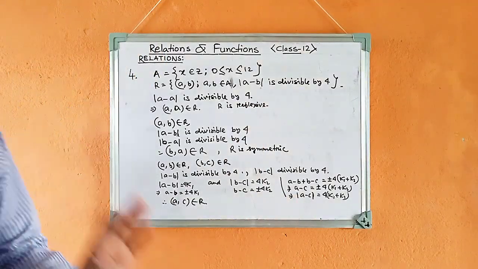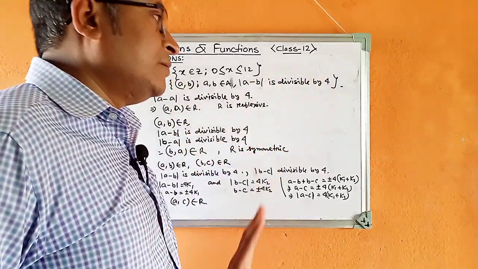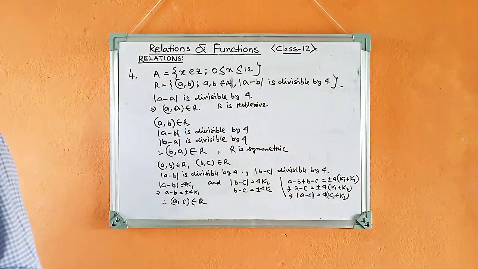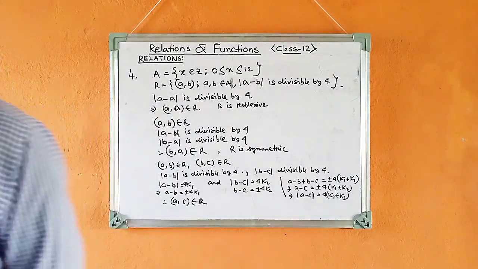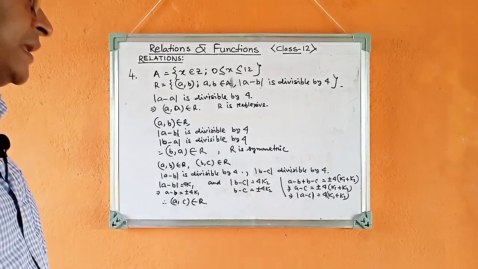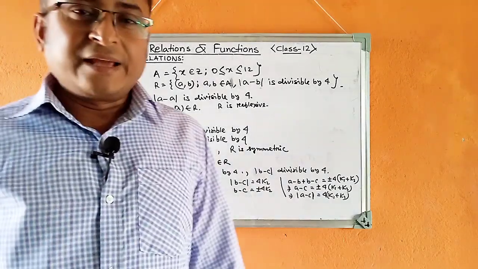And the last one is 10: 2 minus 10 is 8, divisible by 4. So the equivalence class of 2, that means the set of elements related to 2, is {2, 6, 10}. Got it? Thank you, students.